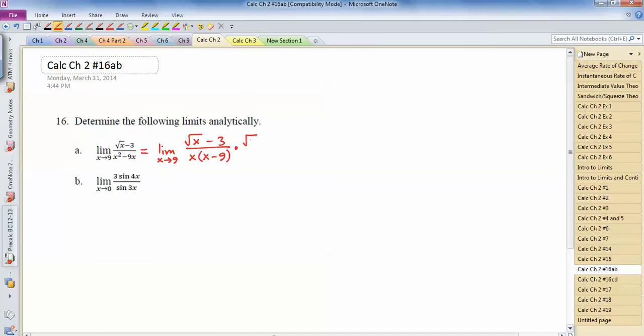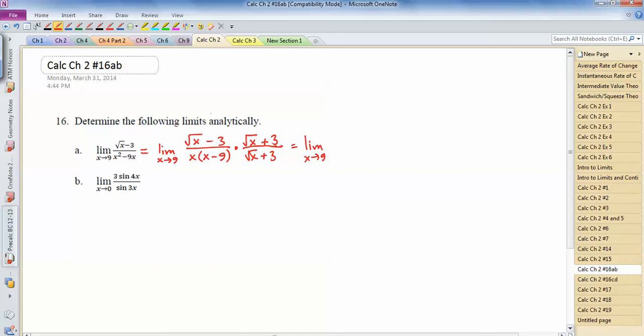but is slightly different, the only difference is it'll have a hole, is if I multiply by the conjugate of the numerator. So the trick here is to get rid of the square root in the numerator. So if I do that, then I'm going to get this, limit as x goes to 9.